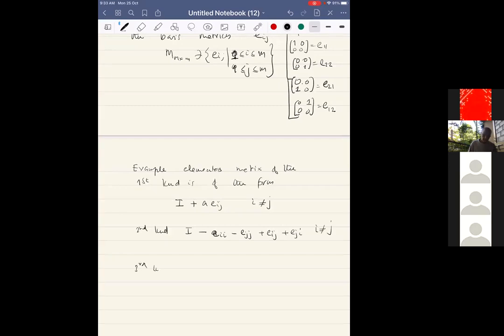Third kind, I plus (c minus 1) Eii. So this is a way of describing elementary matrices of the three kinds in terms of these basic matrices Eij.